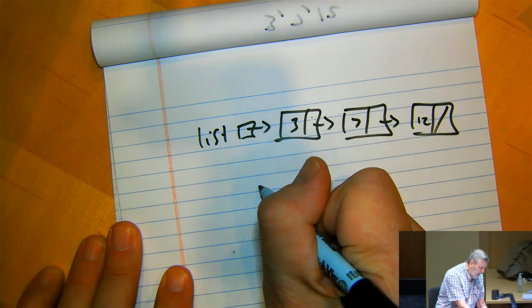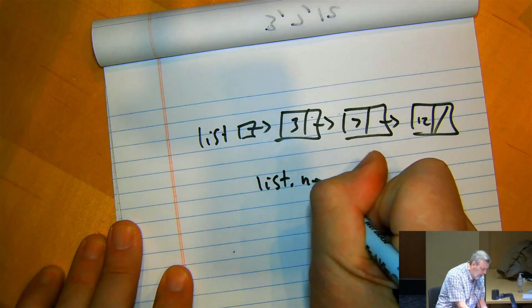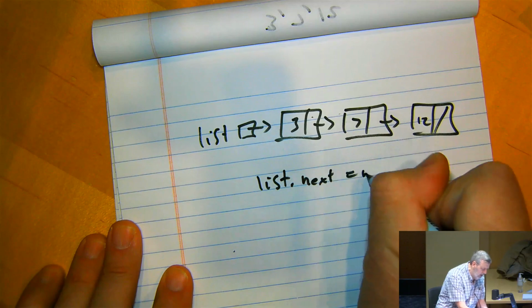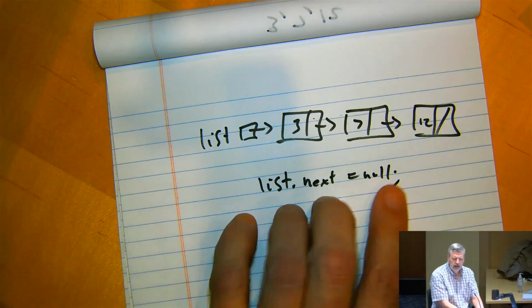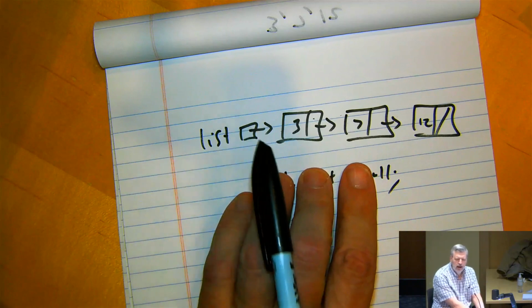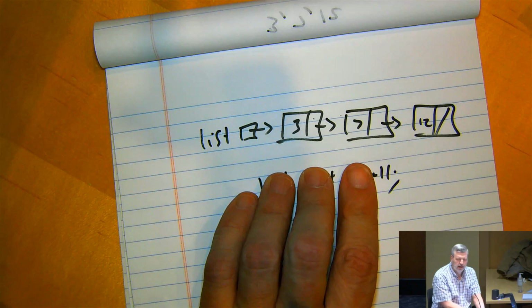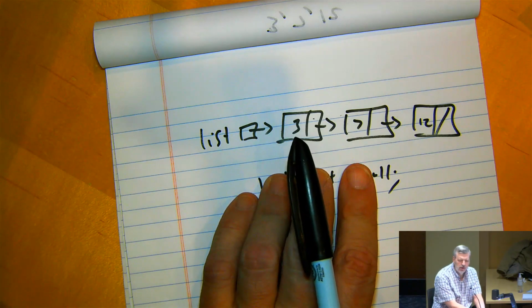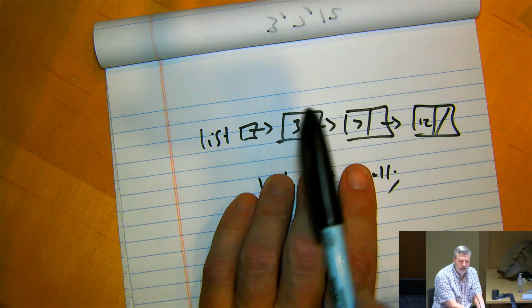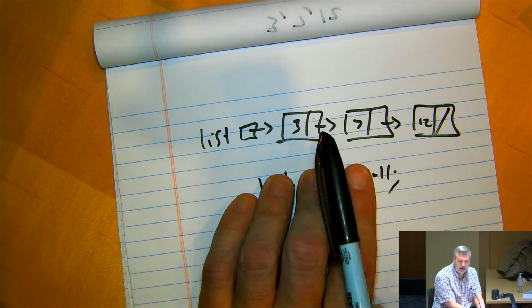So what would happen if I said list.next is assigned to null? I want to think about that line of code. And before I do that, let me point out that it's worth reminding yourself about the different possibilities here. List is a variable that points at this first node. List.next is this box right here that's storing a reference to the second node. That's list.next.